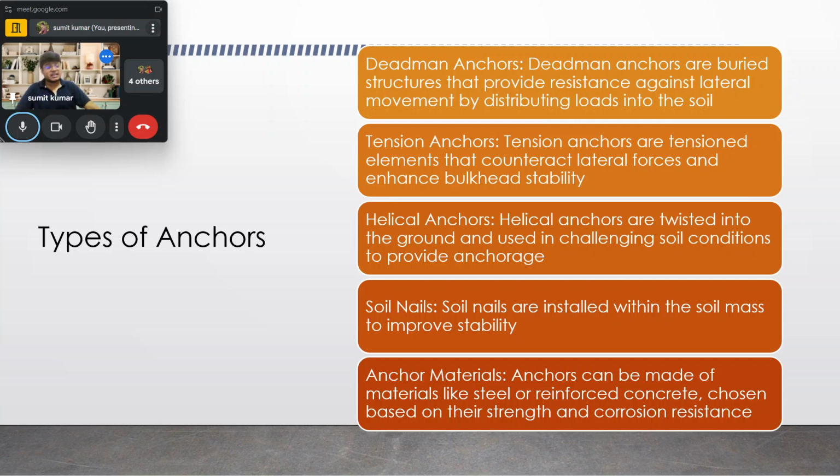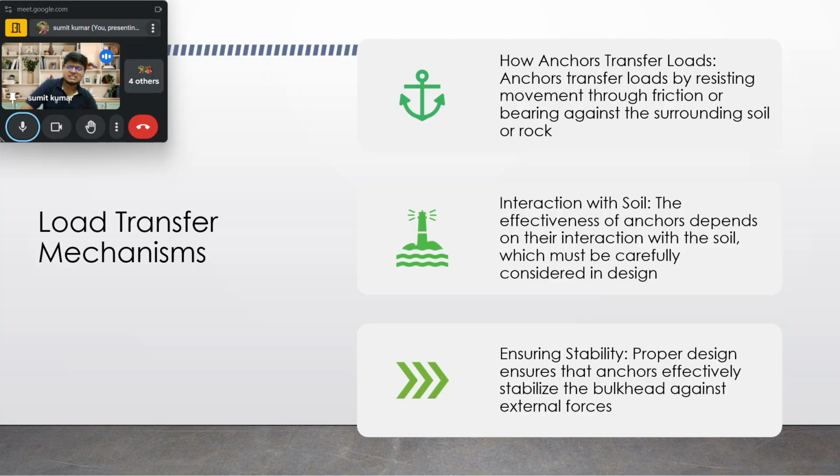Third is the helical anchor, which is twisted into the ground and used in challenging soil conditions to provide anchorage. Fourth is the soil lace, which is also used for the stability of slopes as well. Over here, they are installed within the soil mass to improve stability. The anchor material can be made of steel or reinforced concrete, chosen based on strength and corrosion resistance characteristics.